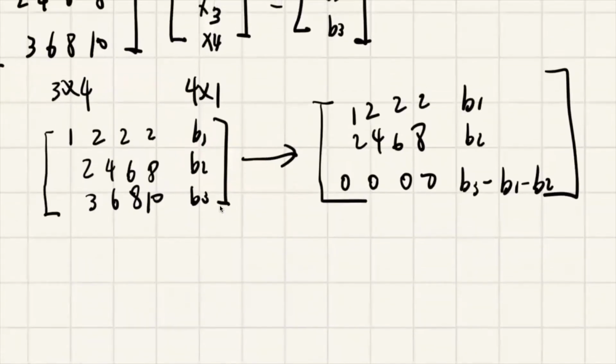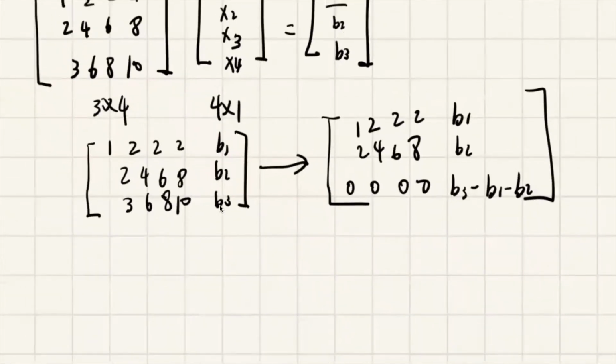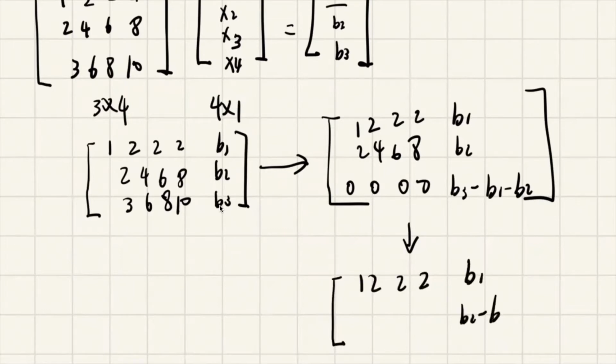The second thing we will do is the first and the second rows. So 1, 2, 2, b1, and use b2 minus b1, so it will be 0, 0, 2, 4. All right, 0, 0, 0, 0, b3 minus b1 minus b2.